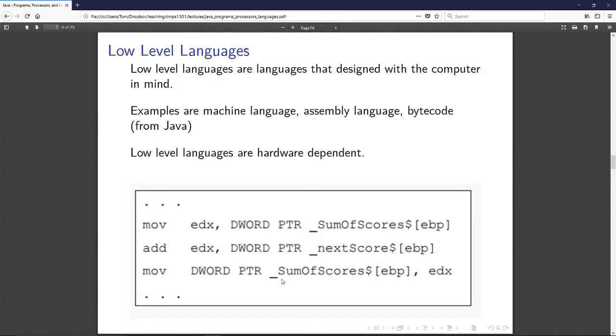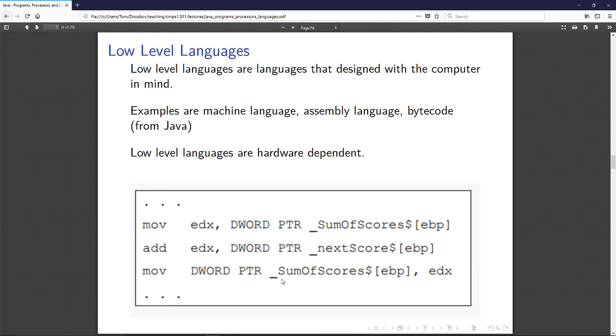Again, one of the issues with low-level languages is that it depends on what kind of hardware you have. Maybe you have one type of computer and it has its own machine language, whereas if you buy a different type of computer, it has a different machine language. These days, it's not so much like that.